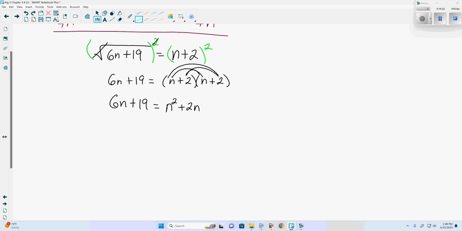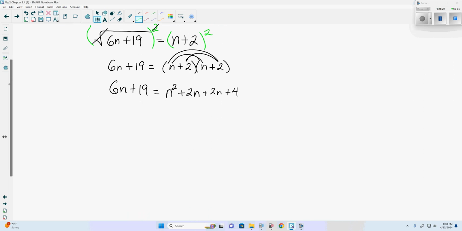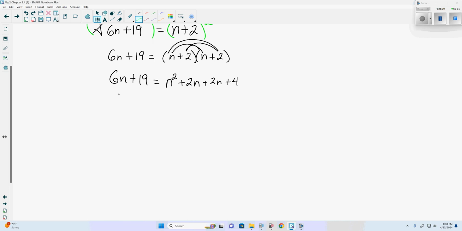Then we do the same thing with 2. 2 times n is plus 2n, and 2 times 2 is 4. So we had 6n plus 19 is equal to n squared plus 4n plus 4.